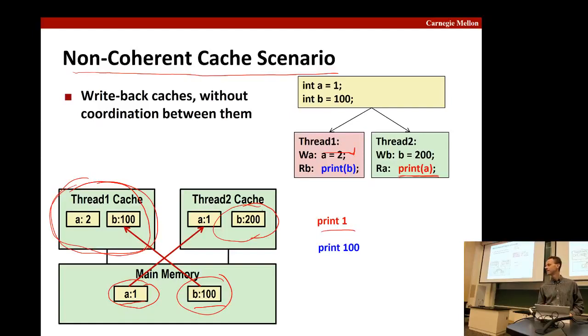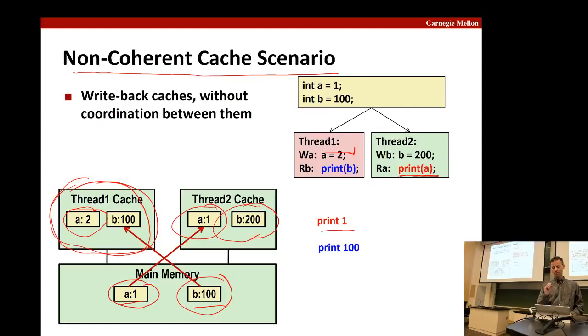Yes? Could this be prevented using the read-write lock that we've been talking about? Well, notice that these are two different variables, so you have separate things going on with A and B. If this thread grabbed a lock before it updated A, then yes, the other thread would not be able to pull it into its cache because it would be locked out until this thread was done.